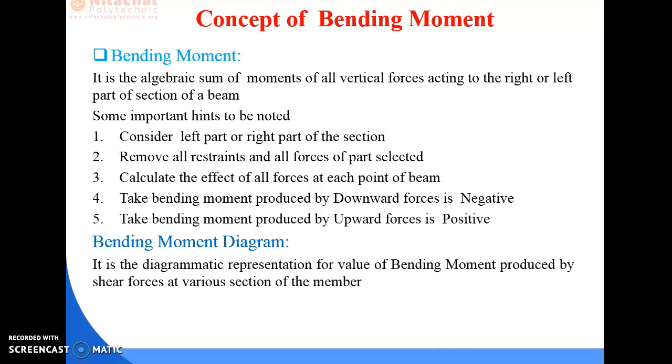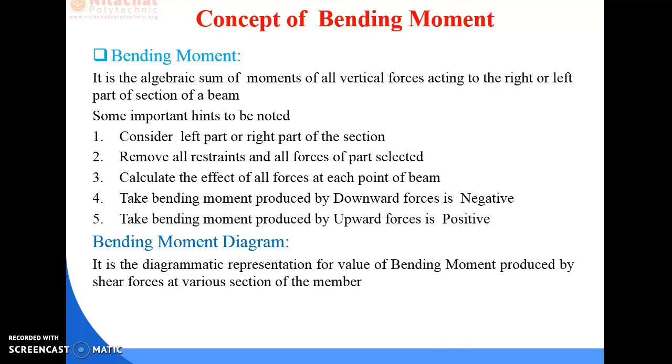Similarly, we consider that the beam is acted upon by a number of vertical forces, so each vertical force will have a turning effect. The bending moment is the algebraic sum of the moments of all vertical forces acting either to the left or right part of the section of the beam.